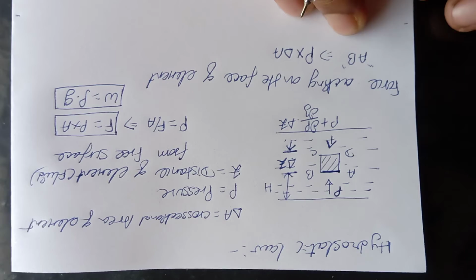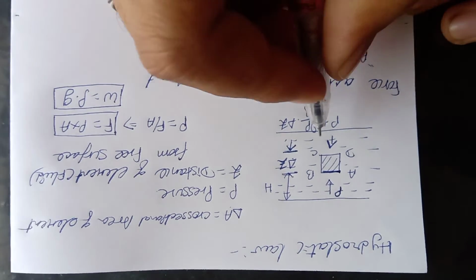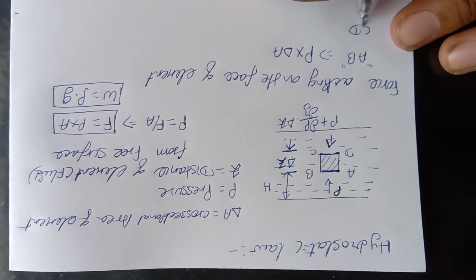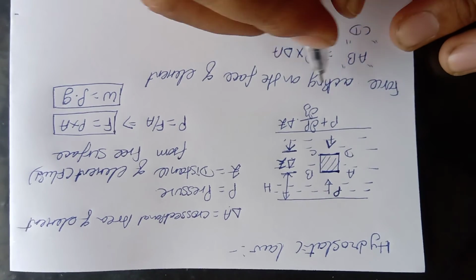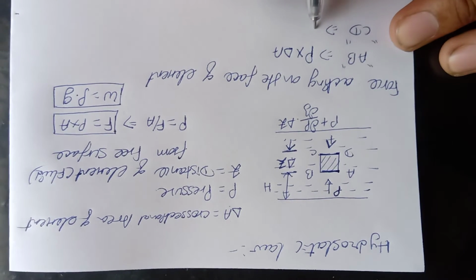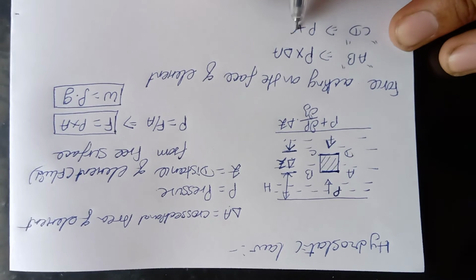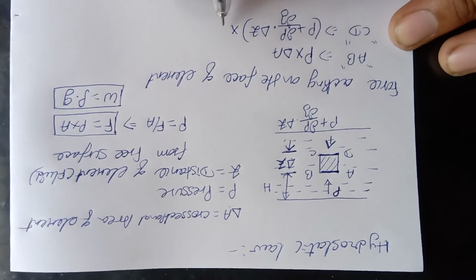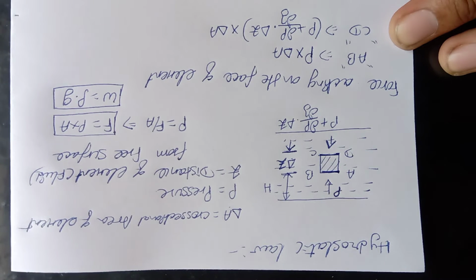Next, on the face CD, this is the pressure, so P plus dou P by dou z into delta z, into area delta A. So that is the force acting.